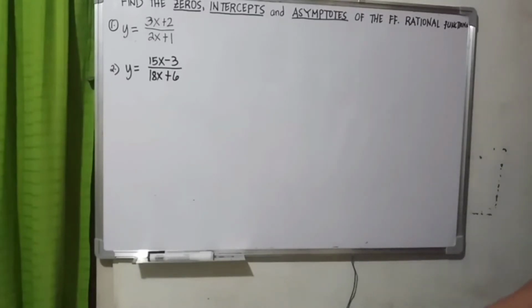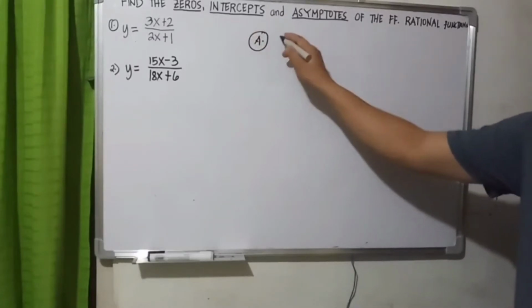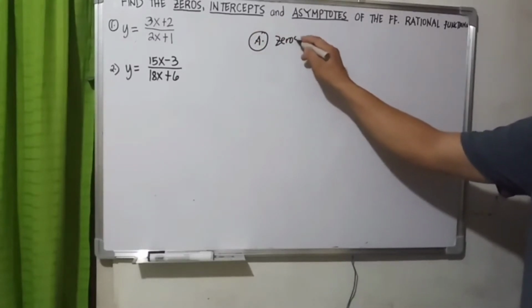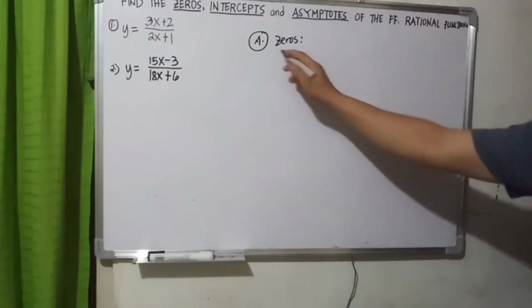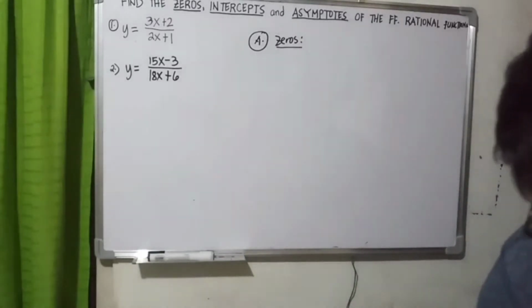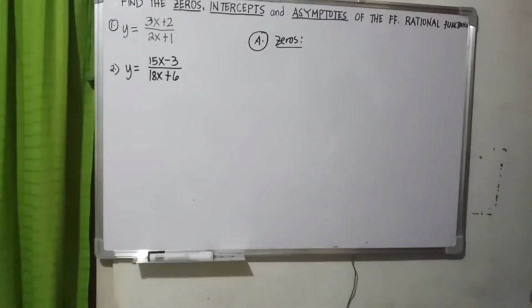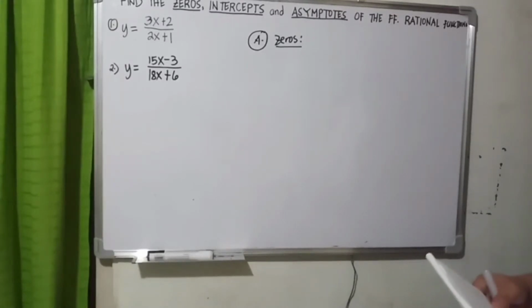So tandaan, una, zeros ang hinahanap natin. How to find the zeros of the given rational function. Ito ang tandaan nyo, shortcut nyo ito ha. To find the zeros of the rational function, tandaan, that is the value that makes the rational function equal to 0.